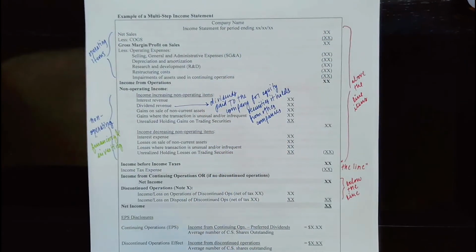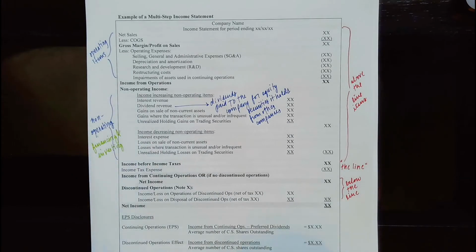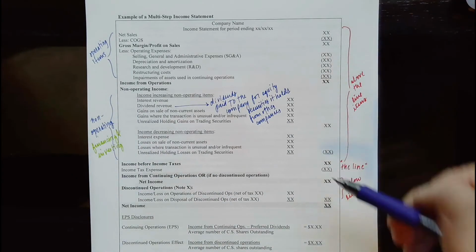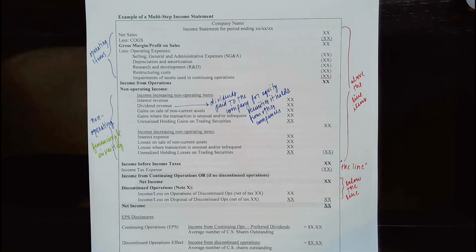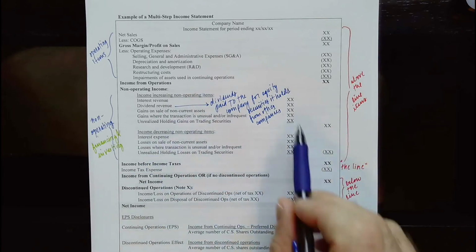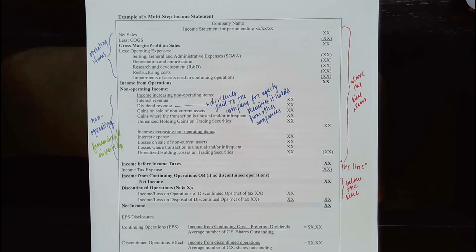If I pay my shareholders dividends, that is not a subtraction from the income statement. However, if my company holds equity stock of another company and that company pays dividends to its shareholders, well, since my company is the shareholder of this other company, it does receive dividend revenue. But other than that, we'll get into some of these a little bit more in the following pages.